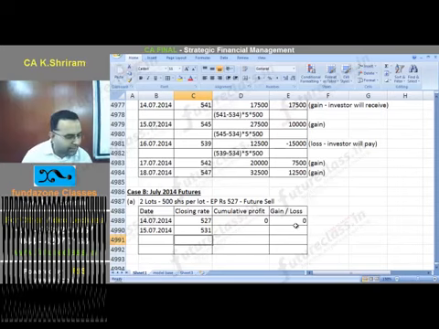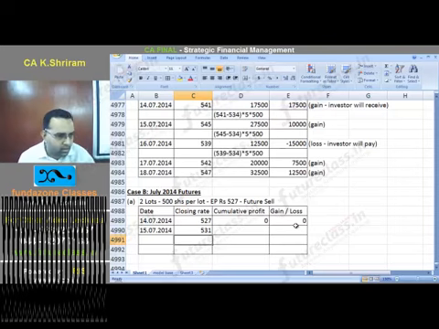But what is the expectation of the market price? 531. You can also visualize it like this: on 15th July, the expected market price is 531. He has agreed to sell for 527. What does it mean? It means that he has to buy at 531 and honor the contract.